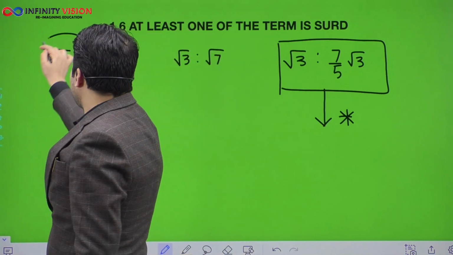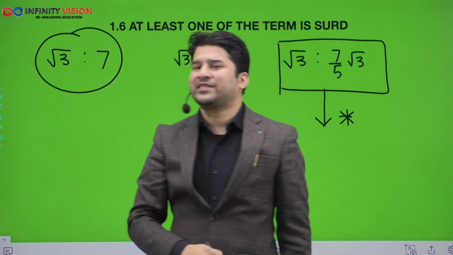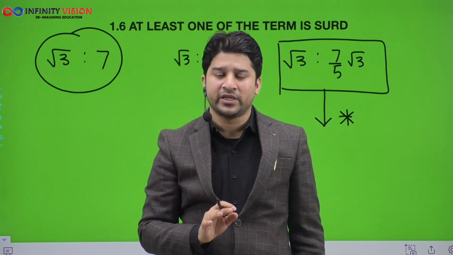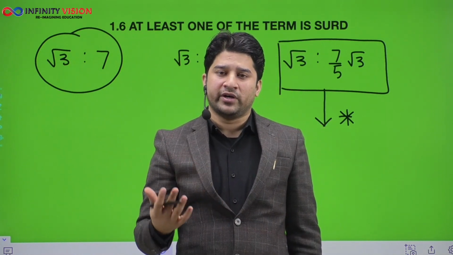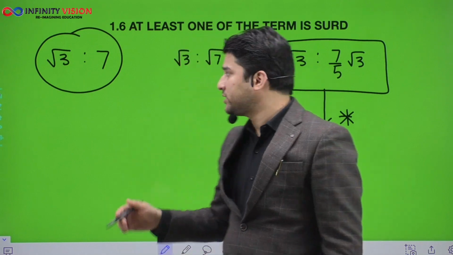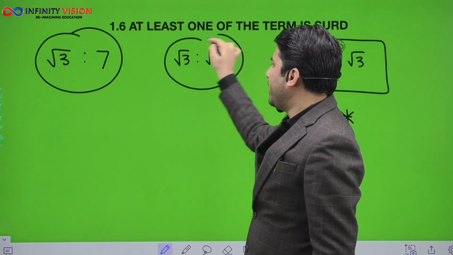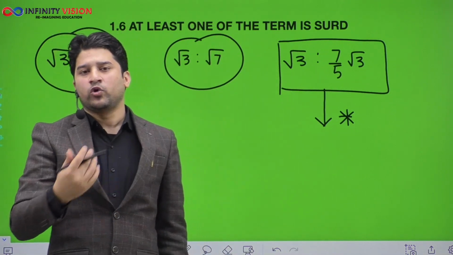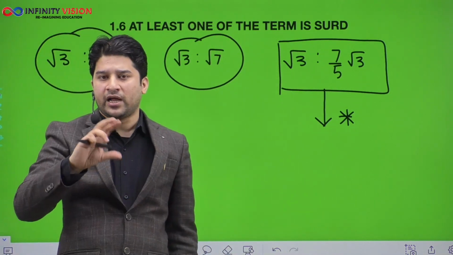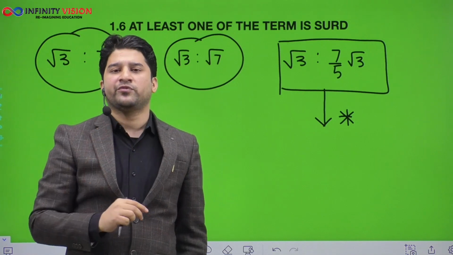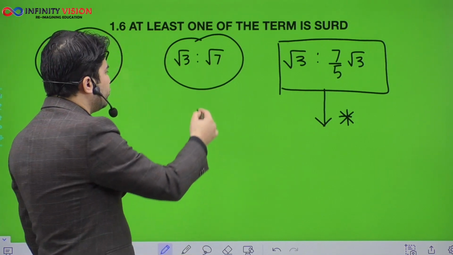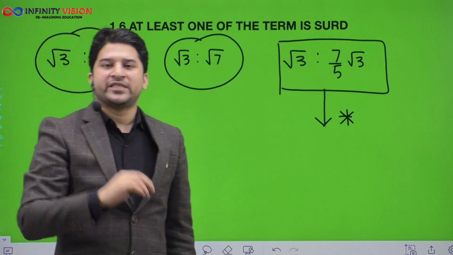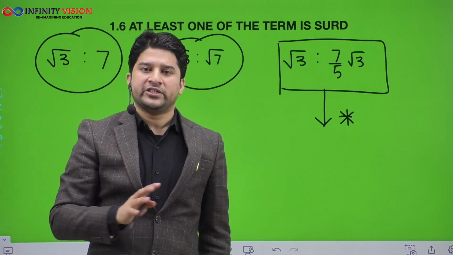But when exactly one of the antecedent and consequent is an irrational number, then you won't be able to convert them into the ratio of two integers. In the same way, when the antecedent and consequent both are irrational numbers and neither is a rational multiple of the other, then also you won't be able to represent them as a ratio of two integers.